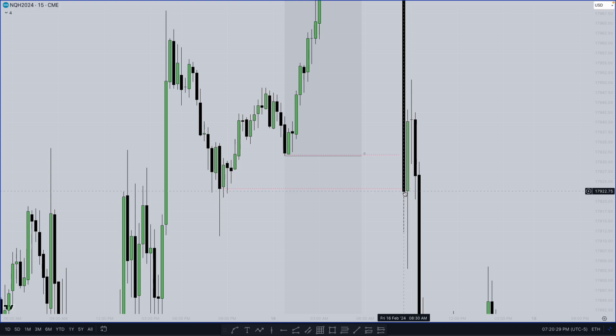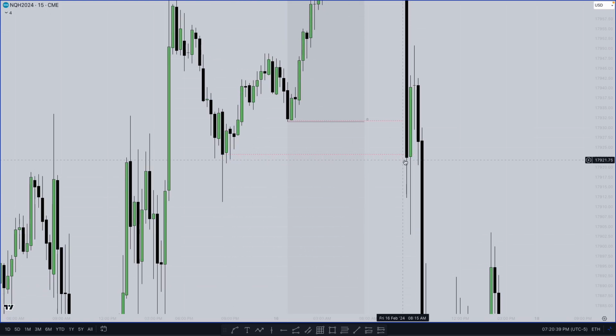Body closure underneath these bodies. So it's not perfect, but I feel as if you went to a 1 minute, you would have actually broken structure.